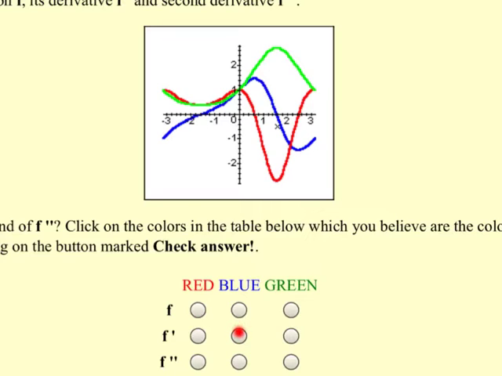Okay, so you see how it's going to take a little bit of thinking, and you're going to have to keep analyzing the curves. So right here I see that the derivative of the blue function is 0, and the red is actually on 0. So the derivative of the blue might be red. Here the derivative of the red is 0, so maybe the derivative of the red is blue.